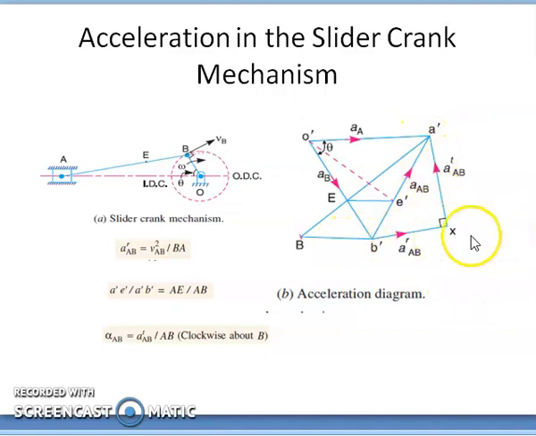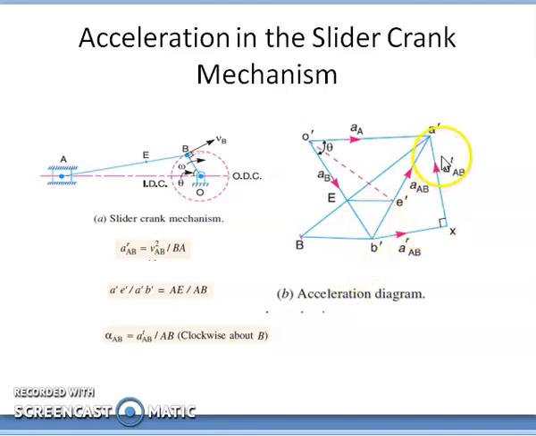These two lines will intersect at a point. That point gives the x. This vector represents the radial component, whereas this vector represents the tangential component. If you want to find the total acceleration of A with respect to B, you can find the vector sum of these two acceleration components.